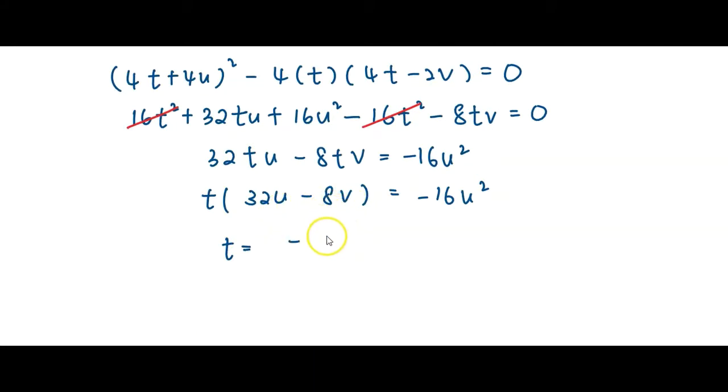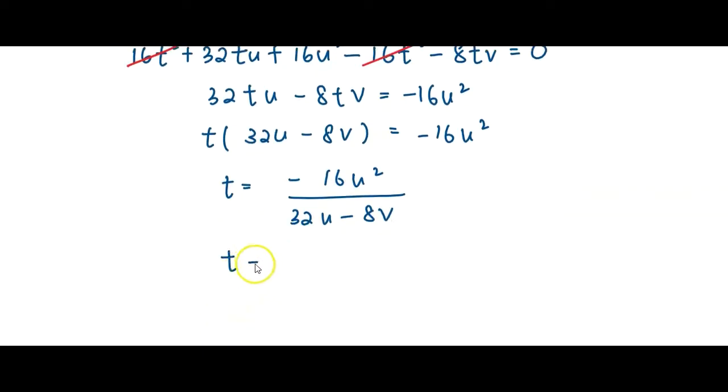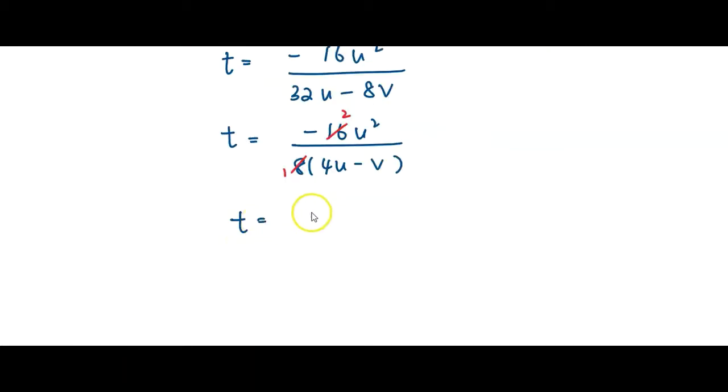I have negative 16u squared over 32u minus 8v. So we can actually simplify further and factor out the 8 from this denominator. We have this, and 16 and 8 can be simplified. Finally, we have a negative 2u squared over 4u minus v.